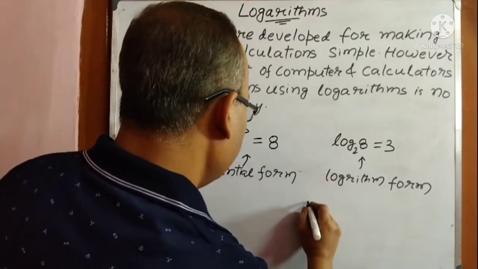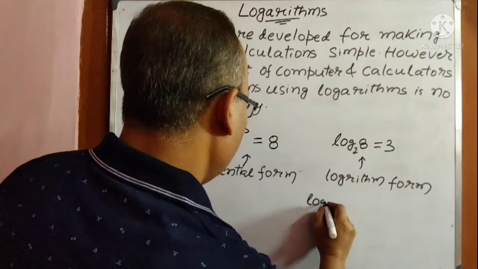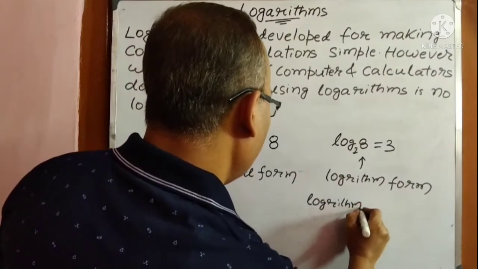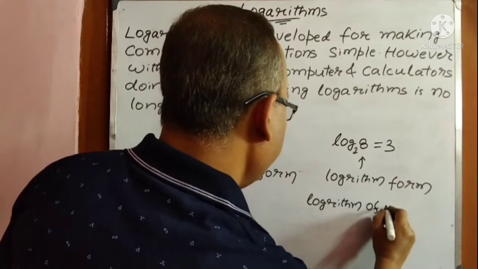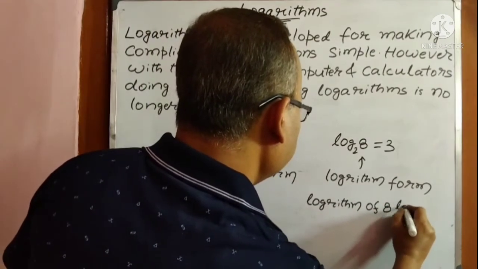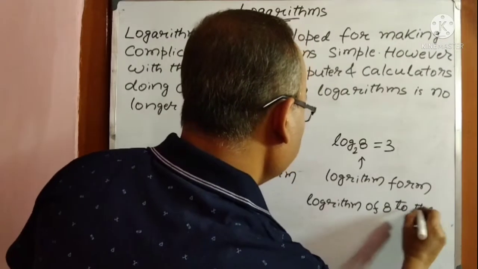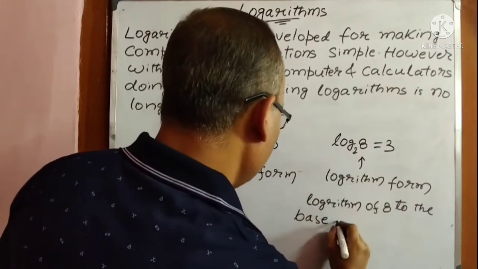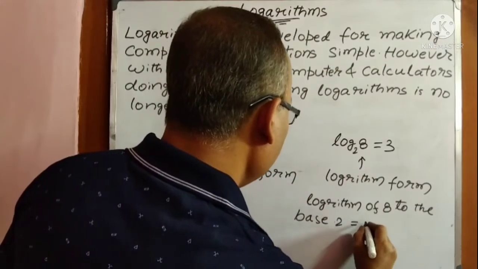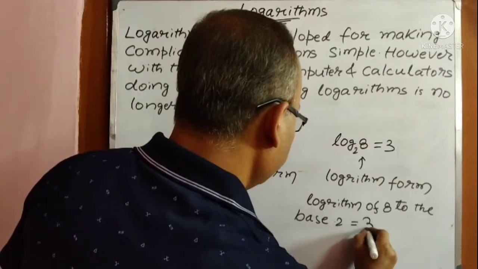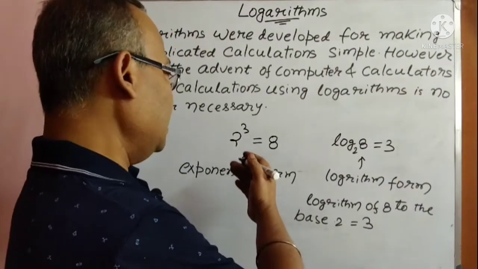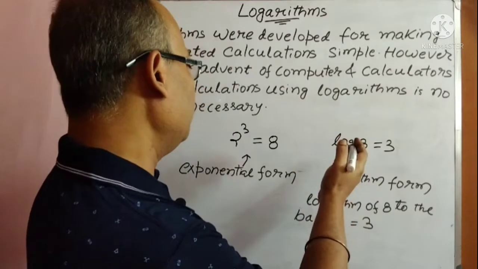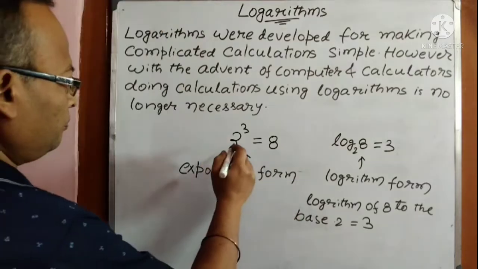We write logarithm of 8 to the base 2 is equal to 3. How to change exponential form to logarithmic form and back from logarithmic form to exponential form?